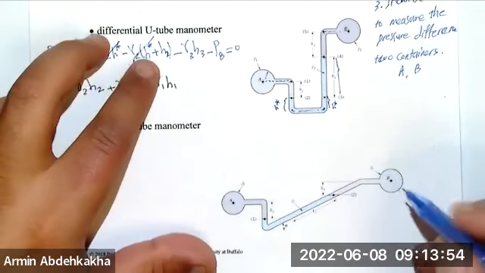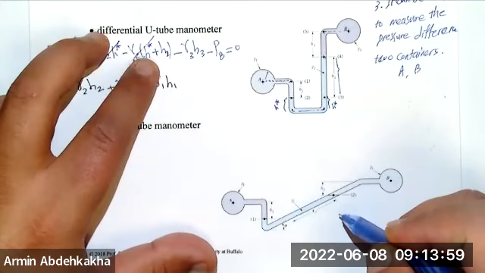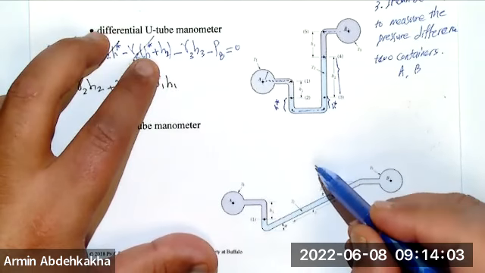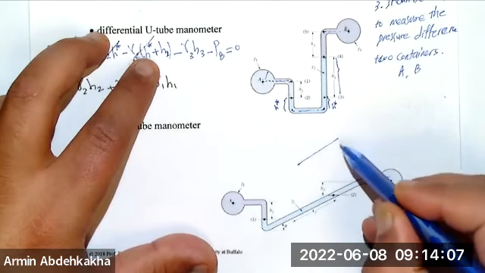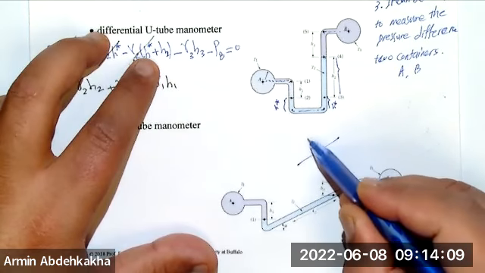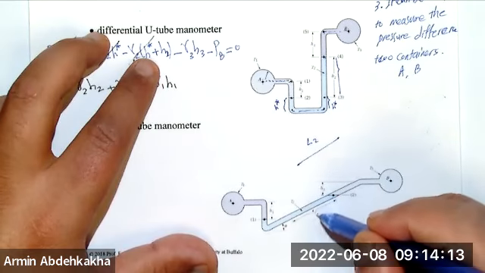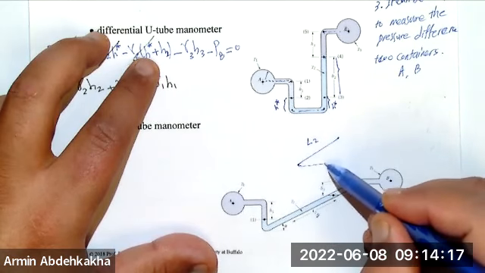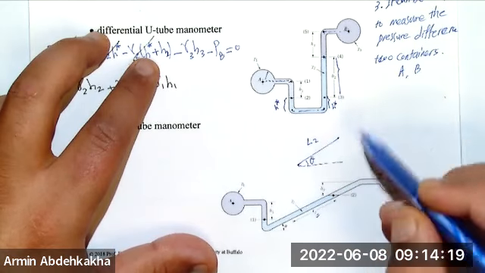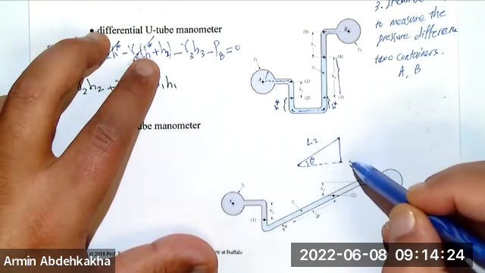Why? Because if you see, the only thing that we care about is the depth of fluid, right? Even if you have a difference in the inclined tube, moving the fluid like L2 here, still the pressure difference depends on theta and how much the fluid moves upward.